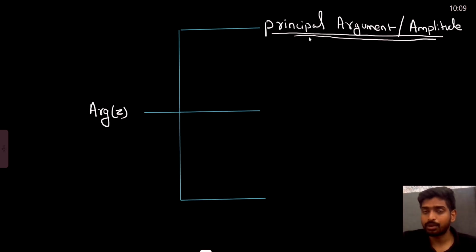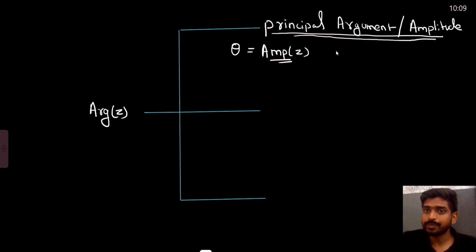Got it? Any doubt? By default we'll always calculate the principal argument or the amplitude. Both are same. It is represented by amp of z, amplitude of z.